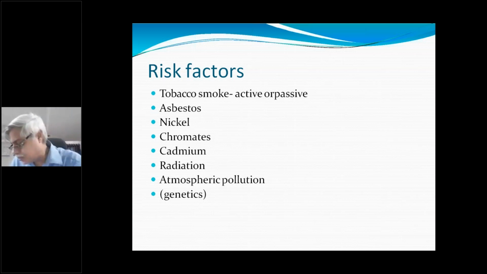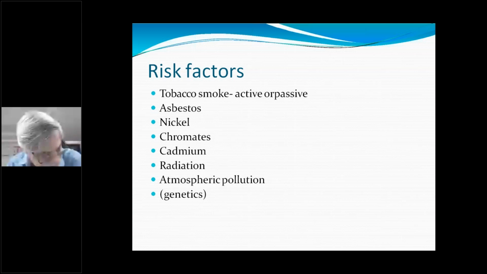When you take a history of smoking, you must know the pack years. Very good. Number of packs and number of years of smoking. If the number of pack years is more than 30, definitely the patient will develop bronchogenic carcinoma. What is a pack year?